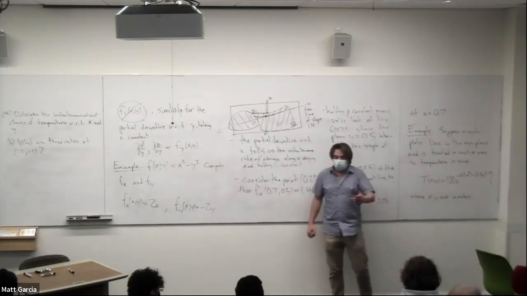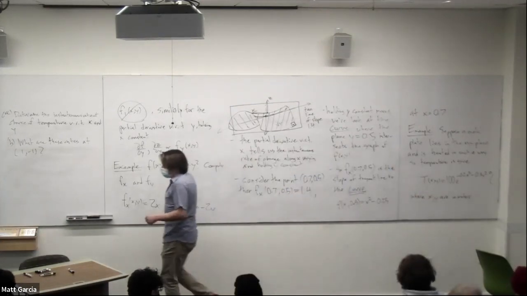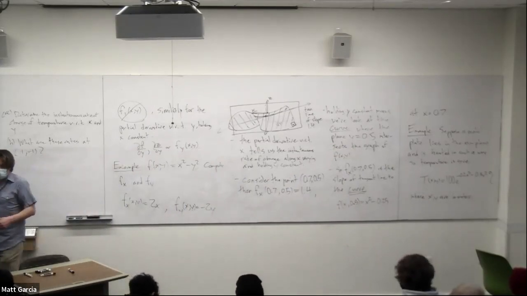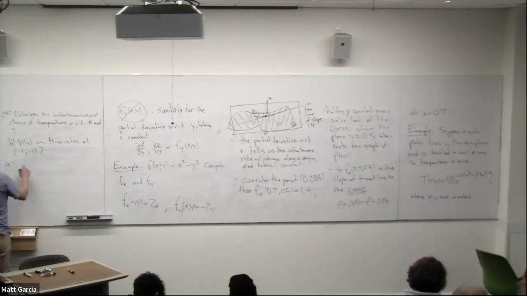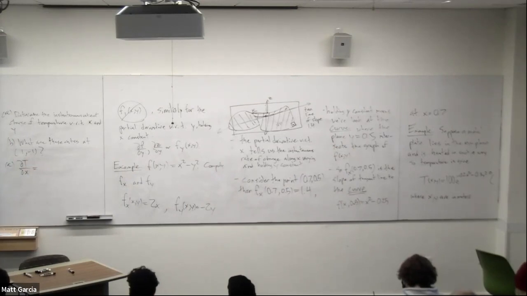For part A, we want to compute the partial derivative with respect to x and the partial derivative with respect to y. Right? That's what I mean by computing the instantaneous rates of change. So partial t, partial x. What do I do? Go ahead.